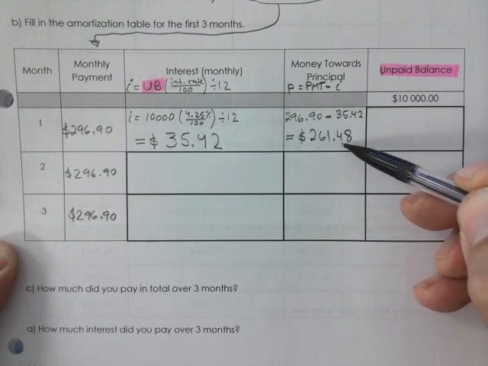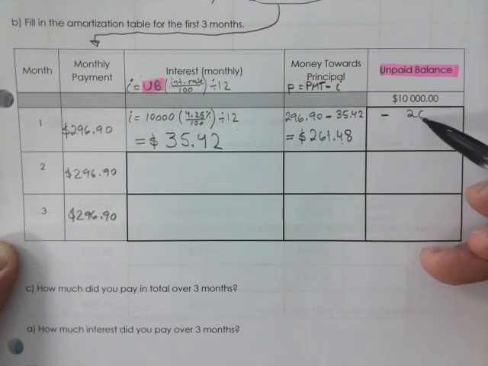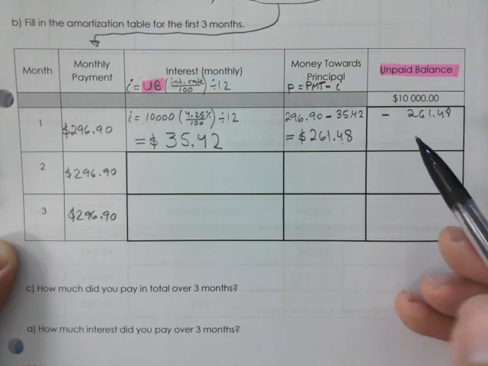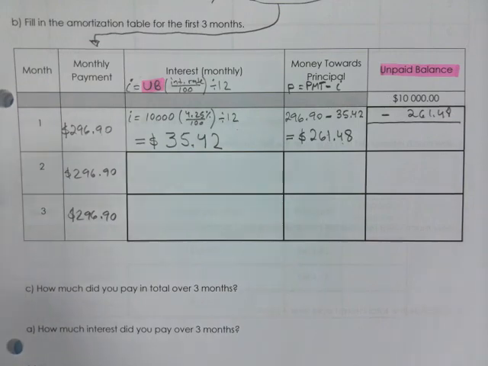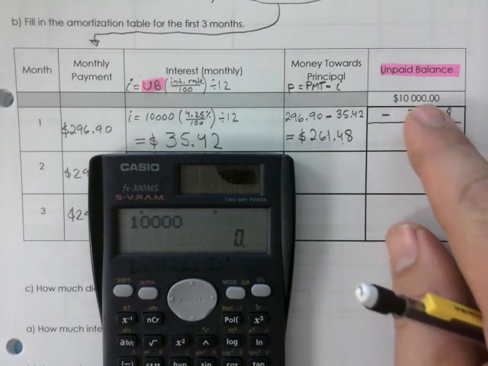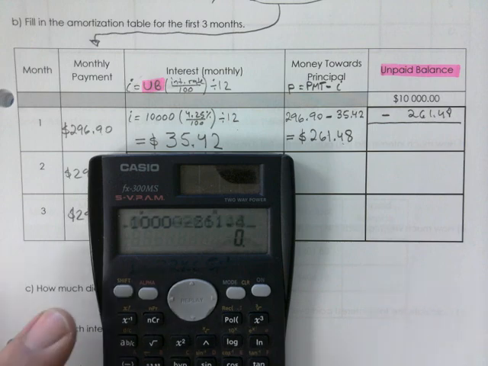So we take this number, you bring this over here, you go minus 261.48. Does that ring a bell at all from grade 11? Hopefully a little bit. The only bell that rings for me, Mr. Dirksen, is the lunch bell, right? Like that's the only one that I can think of right now. 10,000 minus 261.48.